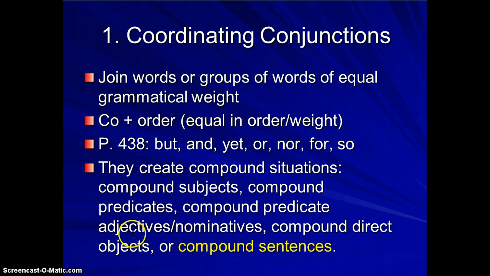Compound predicate adjectives: I am tired but happy. Predicate nominatives: she is both secretary and treasurer for the organization. Compound direct objects: I called the hospital and the doctor. Or, last of all, compound sentences.